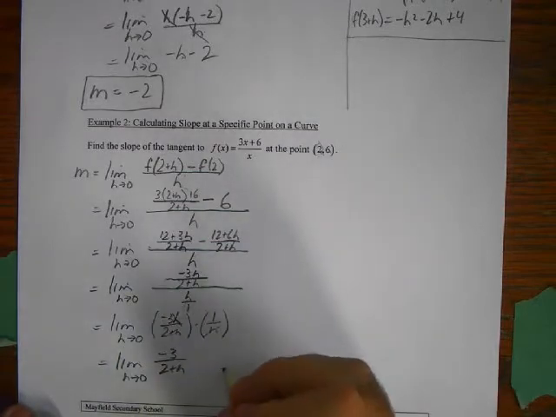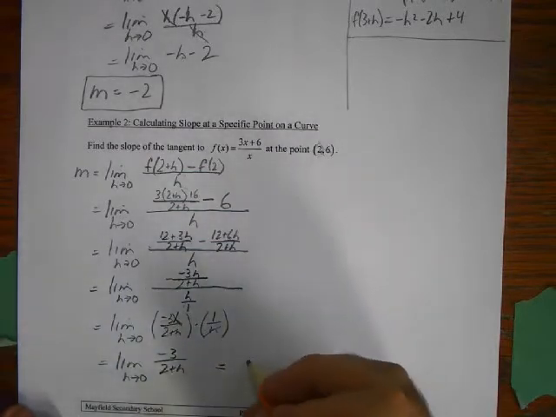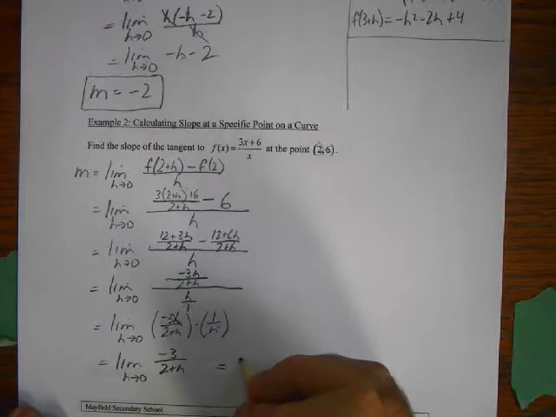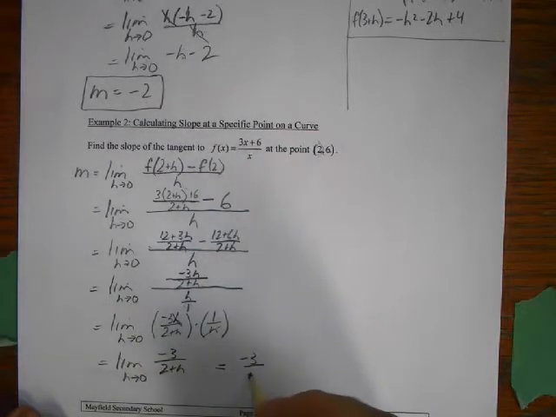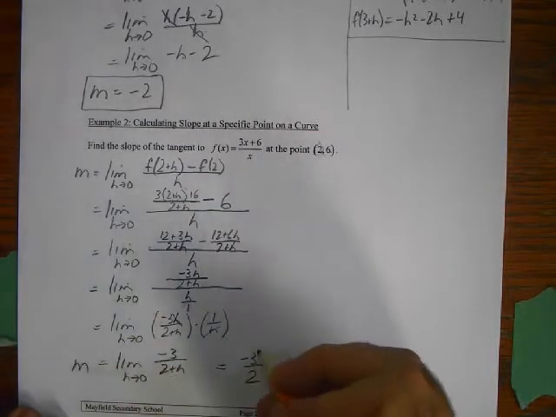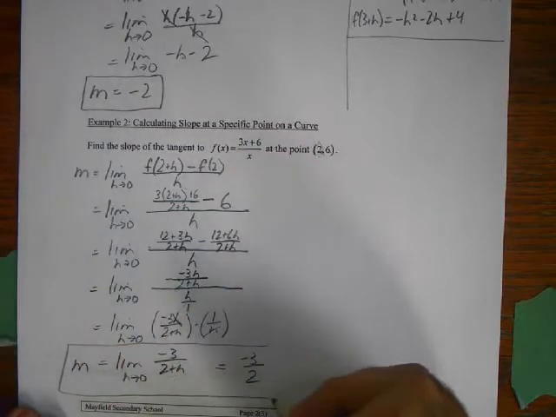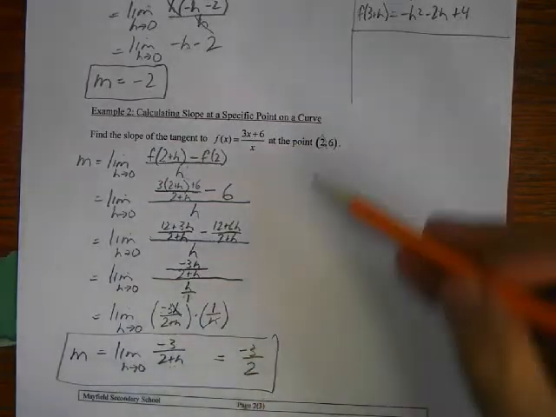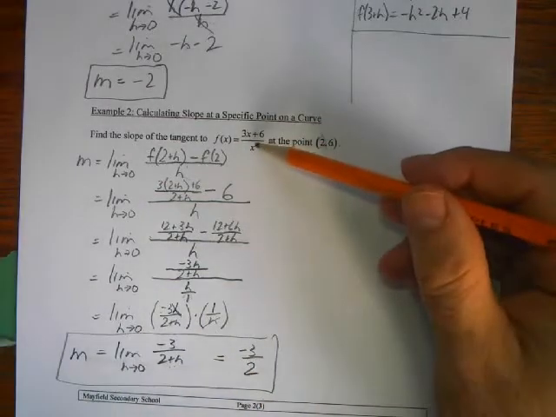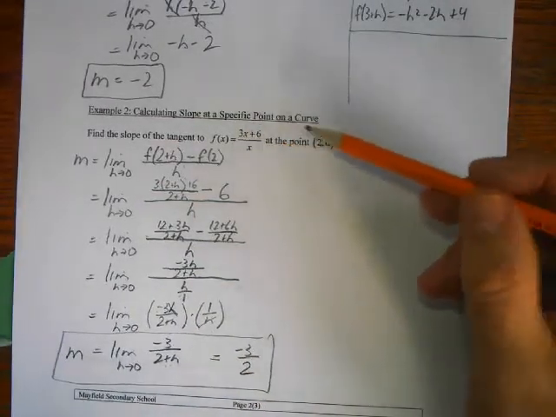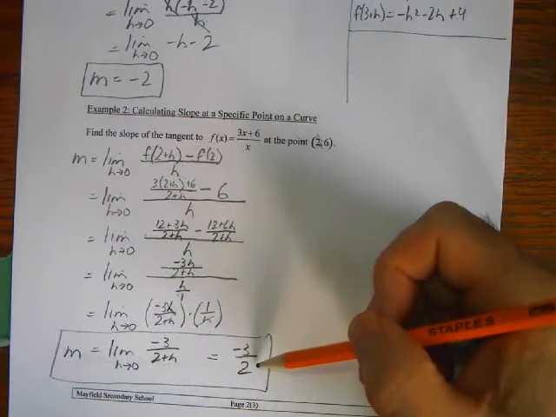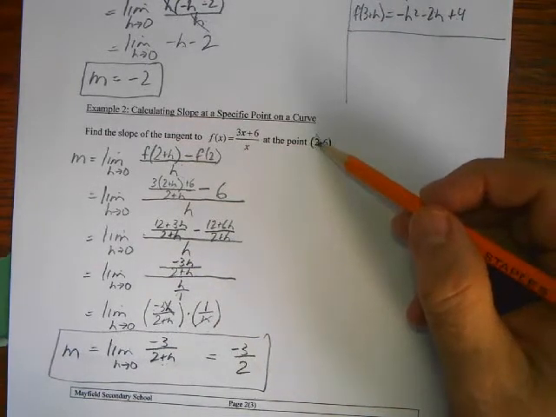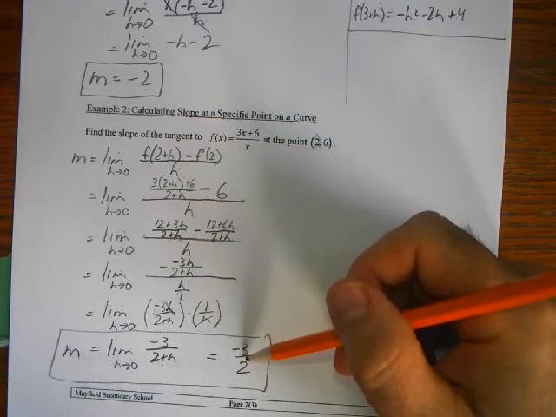So we can safely plug in the 0, and we get the value negative 3 over 2. So that is the slope of the tangent of this reciprocal function, a rational function, at the point x equals 2. The slope is negative 3/2.